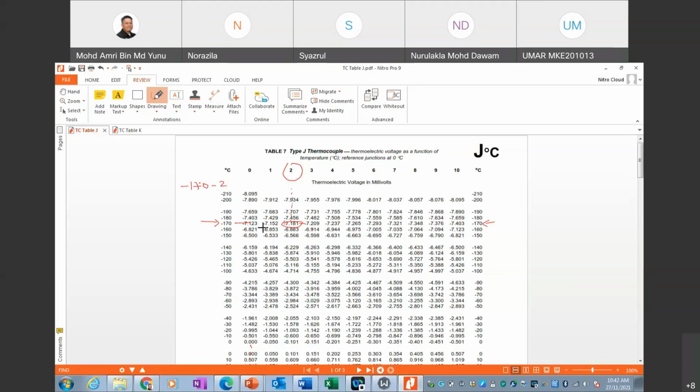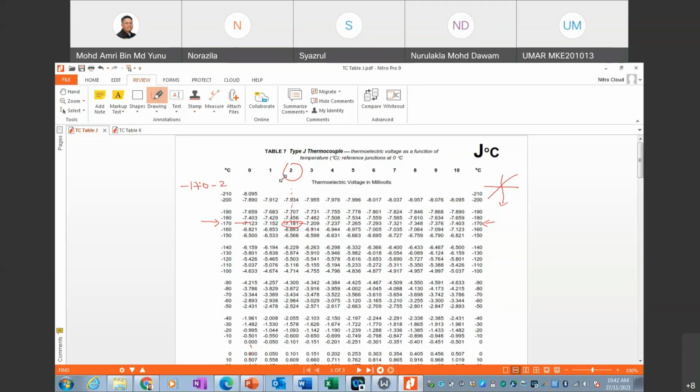Because you see thermocouple output is linear. When the temperature difference is increasing, the EMF should be increasing, and as well as when the temperature difference is decreasing, the output voltage should be decreasing, towards the negative value, the negative range.